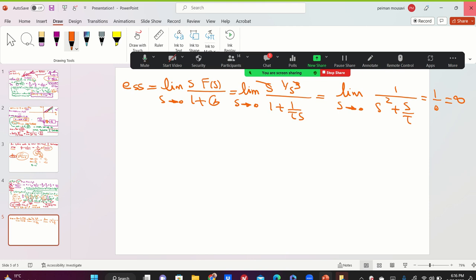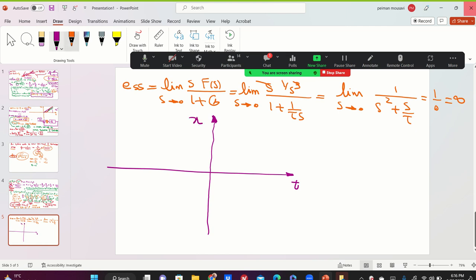See what I'm saying? So if I want to plot this here, what we plotted. Let me say this is the input to the system, parabolic. This is f.